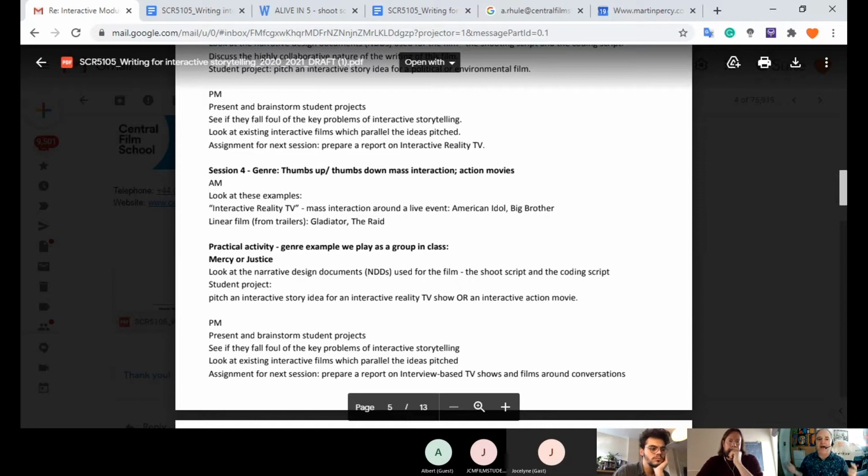So reality TV includes American Idol and Big Brother, but also things like The Apprentice or the Great British Bake Off or something like that, where the audience is completely passive. The audience has absolutely no input whatsoever into the output. So those are fundamentally different genres, but the TV industry never describes them as such because they love to move away from the idea that the audience will interact.